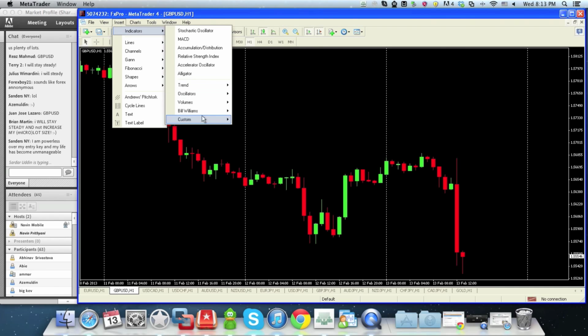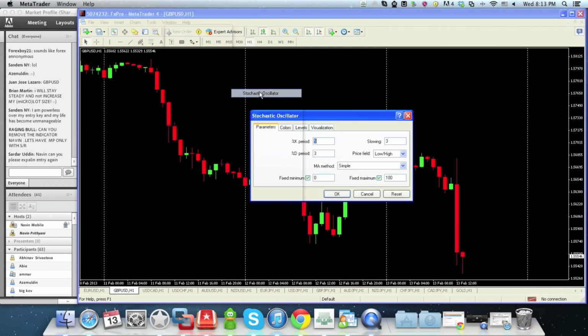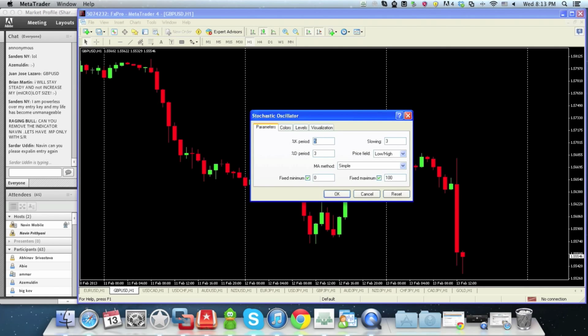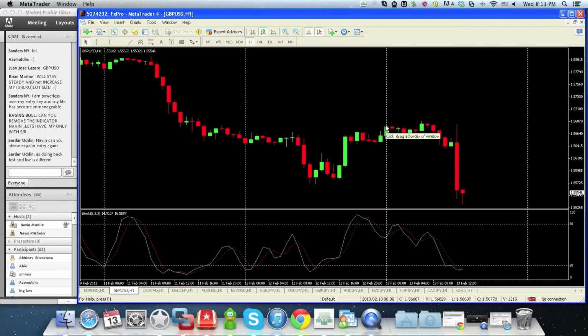Insert indicators, oscillators. I'm going to go to stochastics. There we go. I'm going to go through the entry again. So I insert my pound, and now here's one thing I'm looking at with pound. We go high, then we go low, then higher, we breach higher.